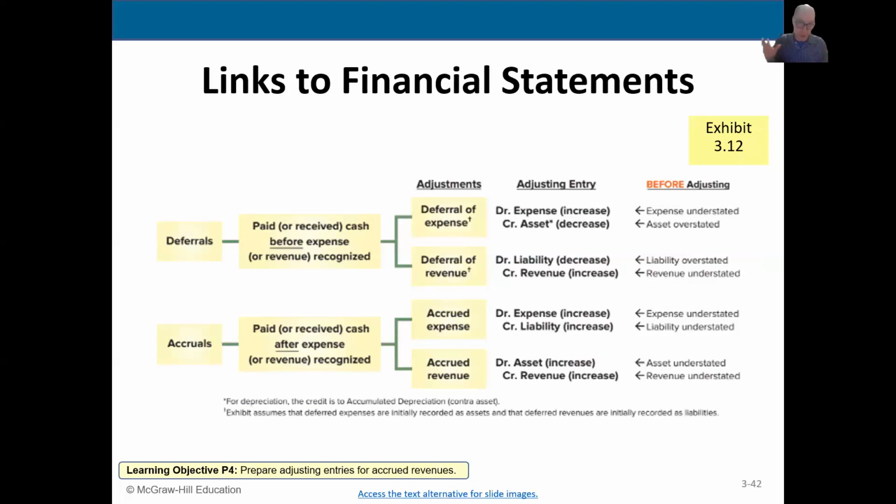It shows us the impact on financial statements. It's a nice summary slide. I recommend that you refer to this particular slide when you're making adjusting journal entries. It just helps you at a real quick glance see what you need to do. That's why I like it. It's like a little cheat sheet.